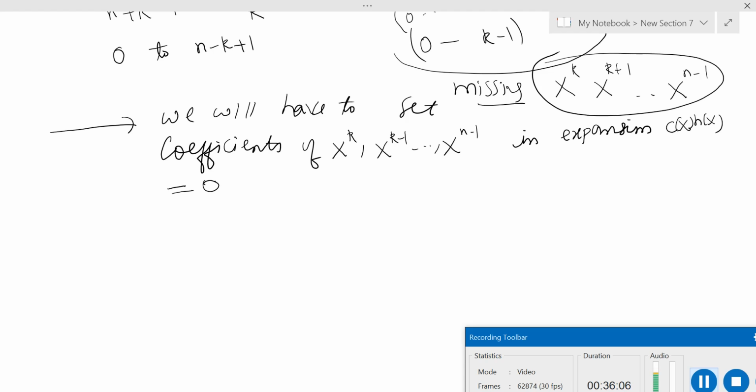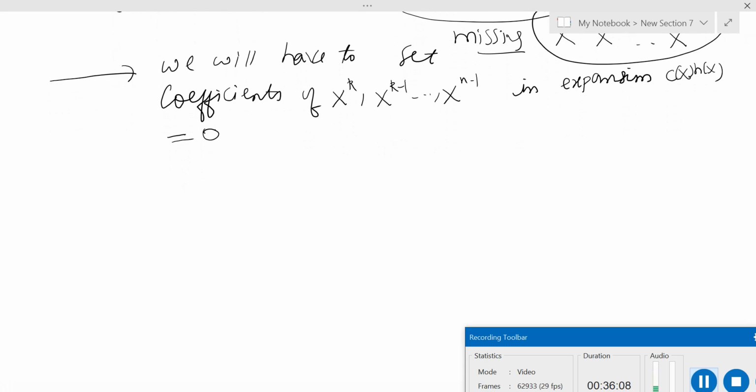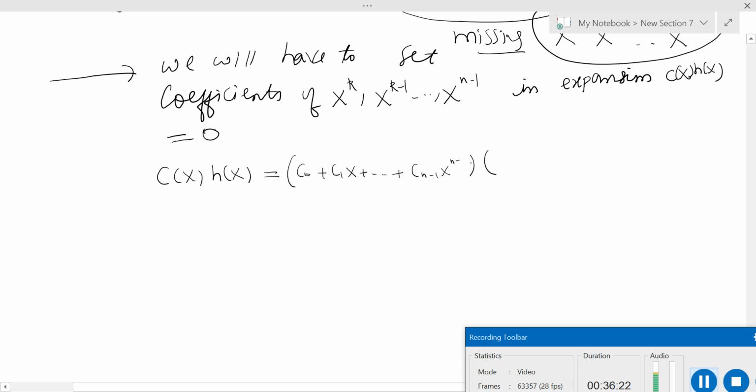When you multiply c of x h of x and identify the coefficients, suppose you write c of x times h of x equals c0 plus c1 x plus up to c n minus 1 x to the power n minus 1, times 1 plus h1 x plus h2 x square plus up to h k minus 1 x to the power k minus 1 plus x to the power k.